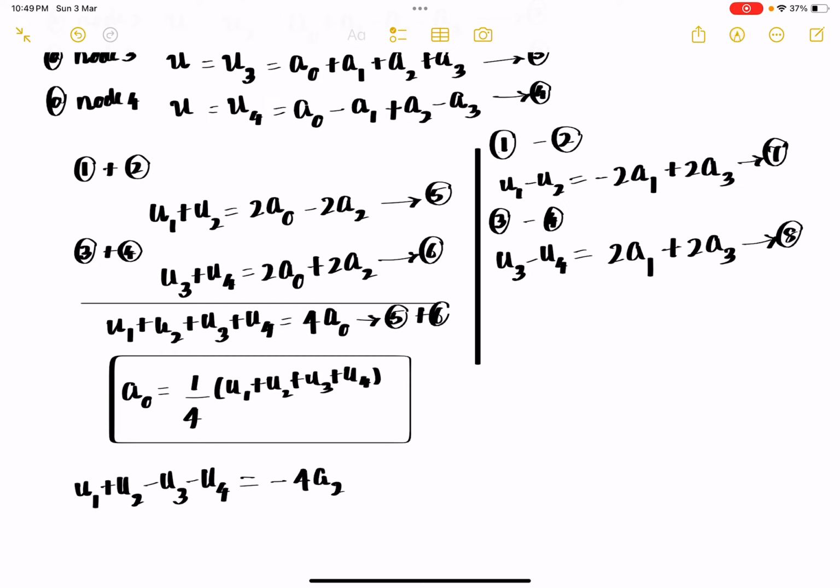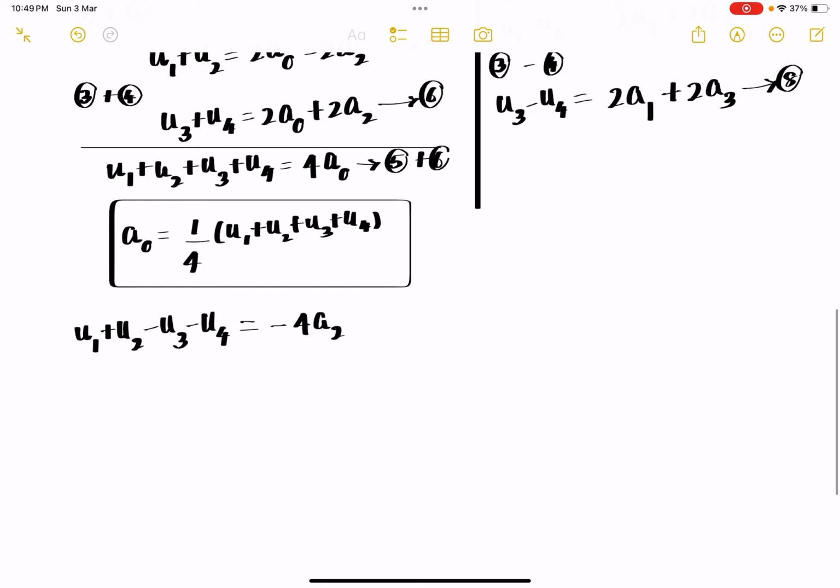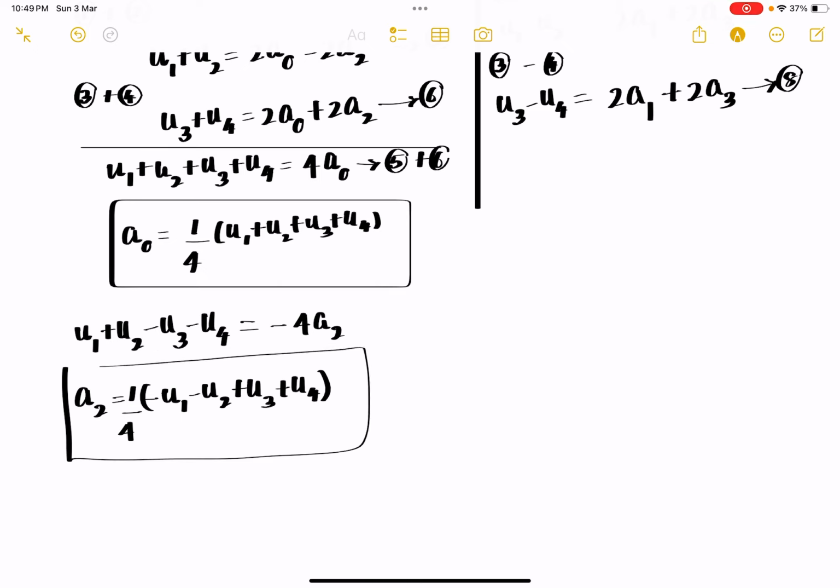All I have to do is hit it by minus sign on both sides so that I can solve for A2. So A2 will be equal to minus U1 minus U2 plus U3 plus U4. Of course, 1 by 4 is a common term that can be kept outside. So I got the value of A2.